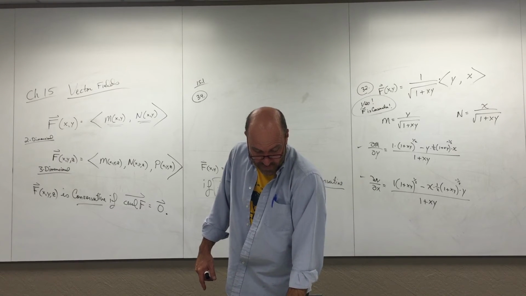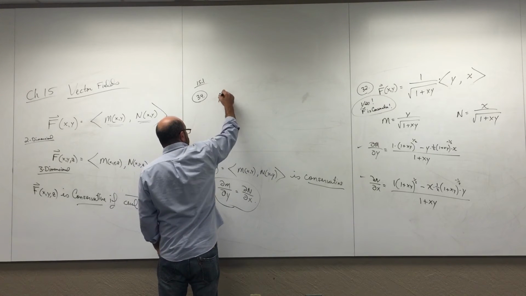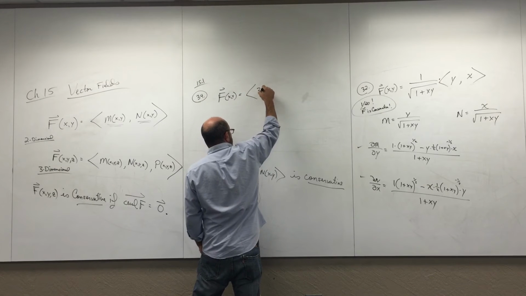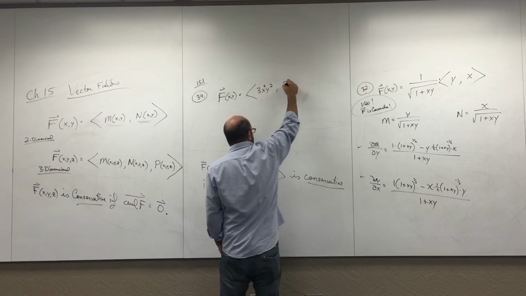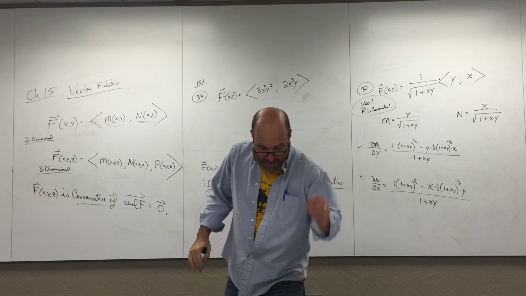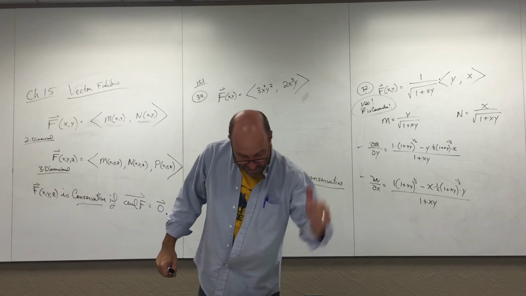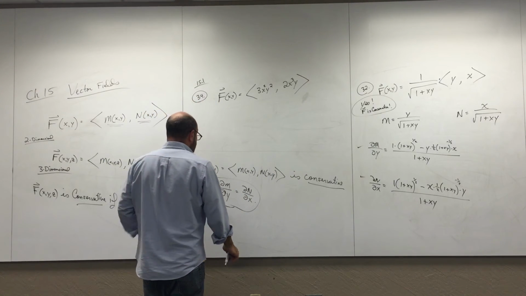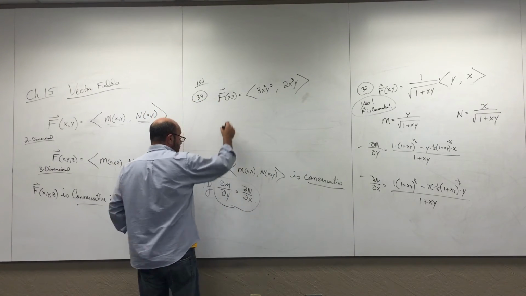3x squared y squared, 2x cubed y. So my vector field is 3x squared y squared, comma, 2x cubed y. Again, they write their ij components. I kind of write it like this, but that's equivalent. And then anyway, how do I test to see if it's conservative?